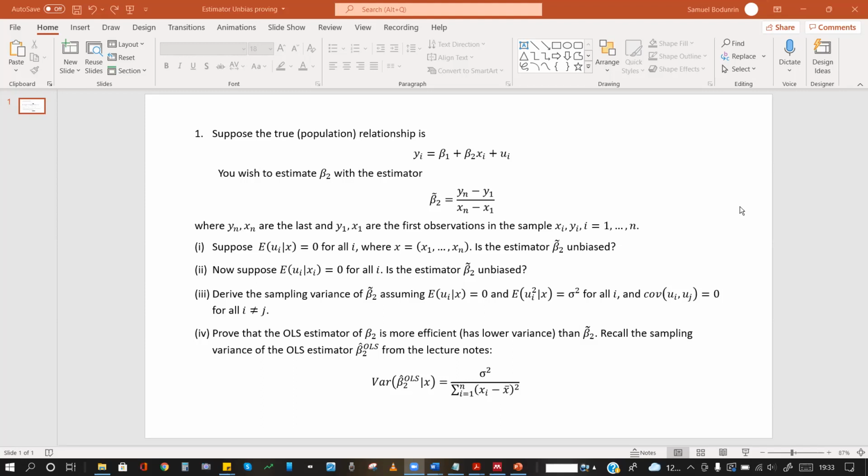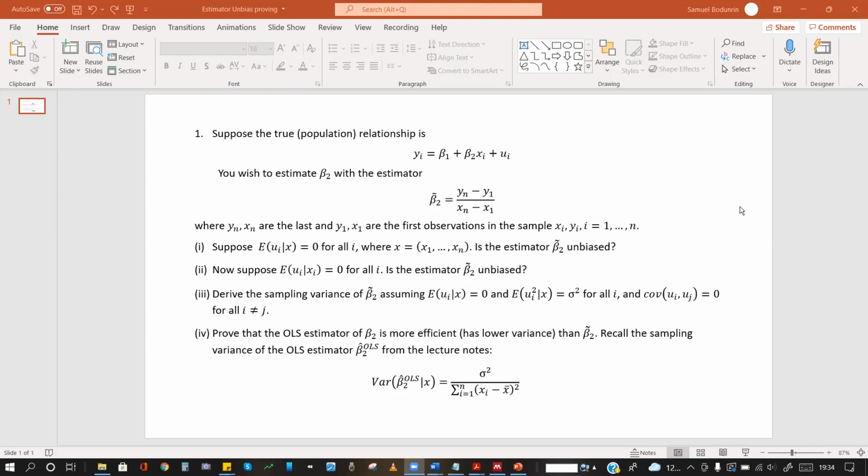You wish to estimate beta 2 with the estimator b2 tilde equals (yn minus y1) all over (xn minus x1), where yn, xn are the last and y1, x1 are the first observation in the sample, xi, yi, with i from 1 to n here.